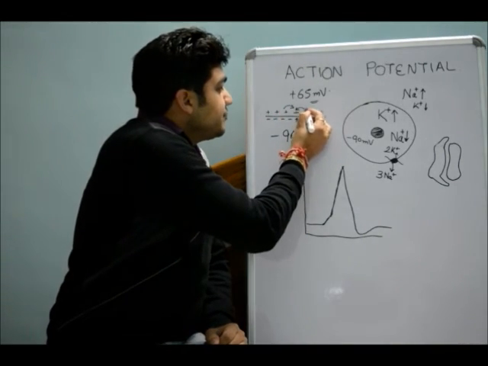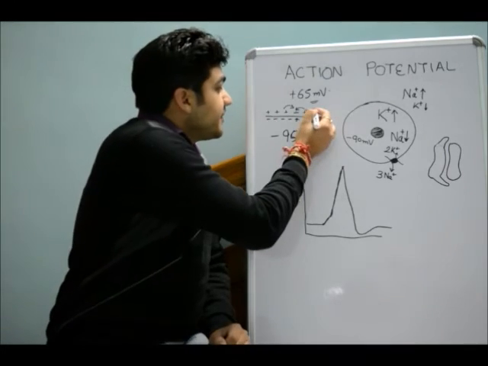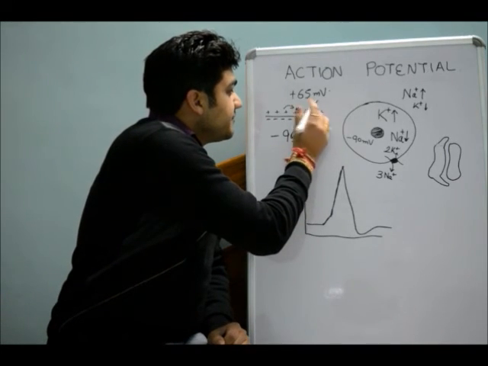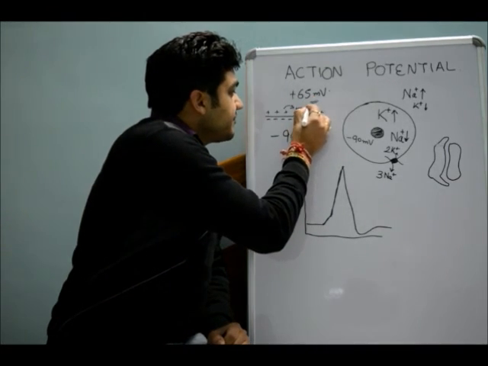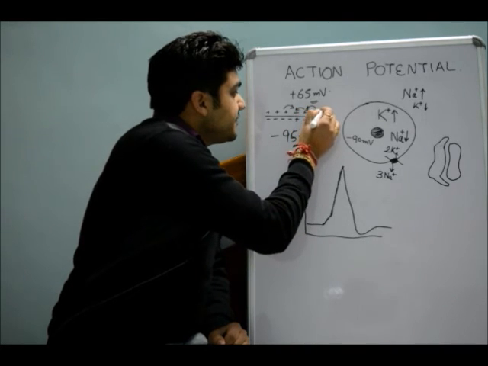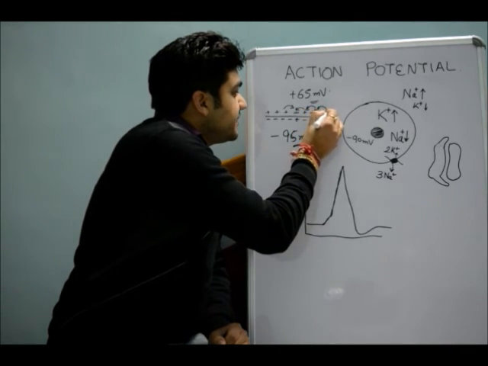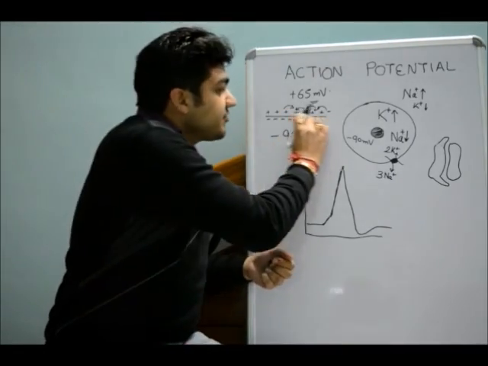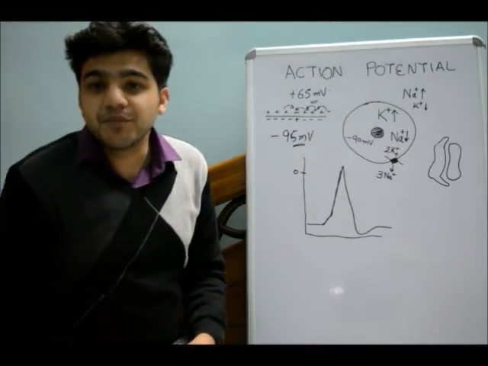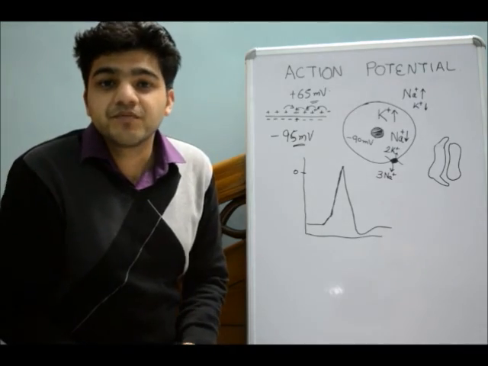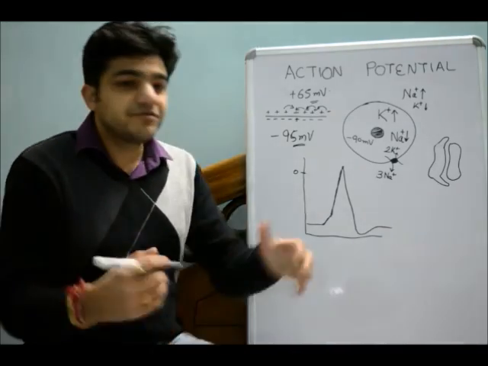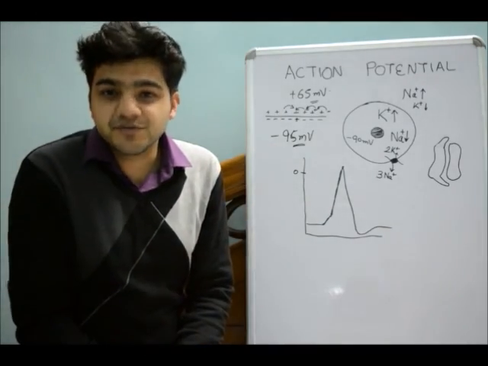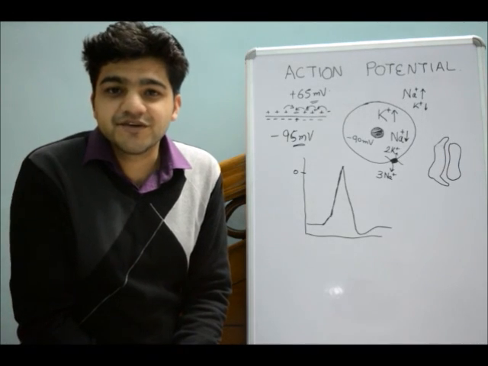These currents will lead to negativity here, and then further negativity here, then currents will flow from here, and negativity, then negativity. So whatever potential has been generated here will be transmitted all along the membrane up to the level of the synapse, where a chemical transmission occurs. That will be discussed later on.